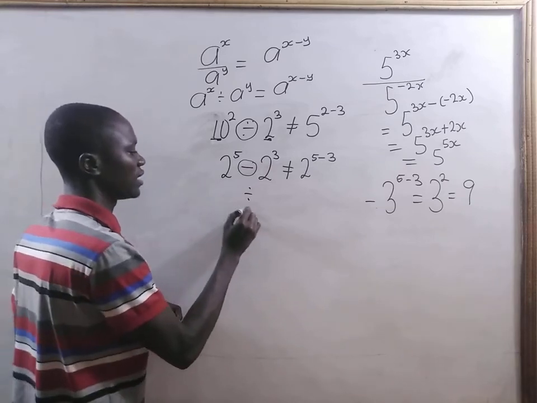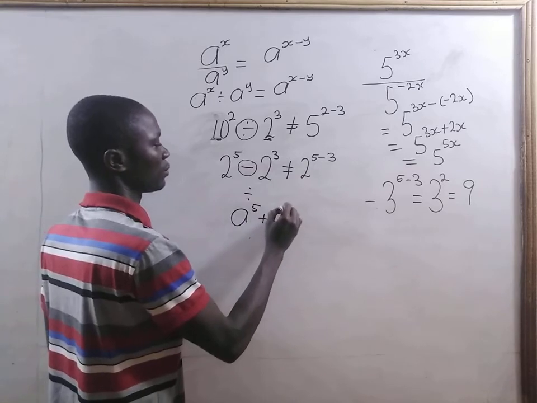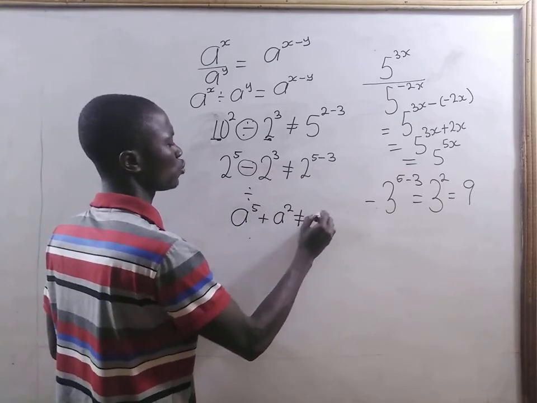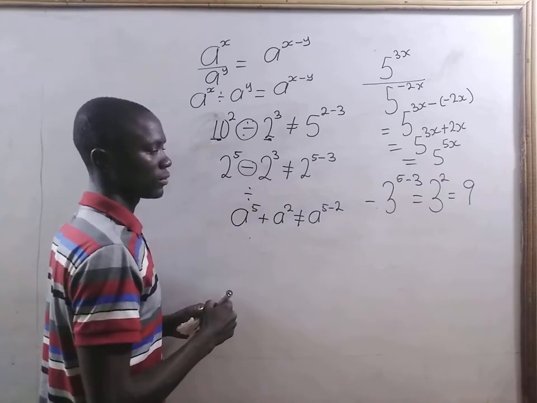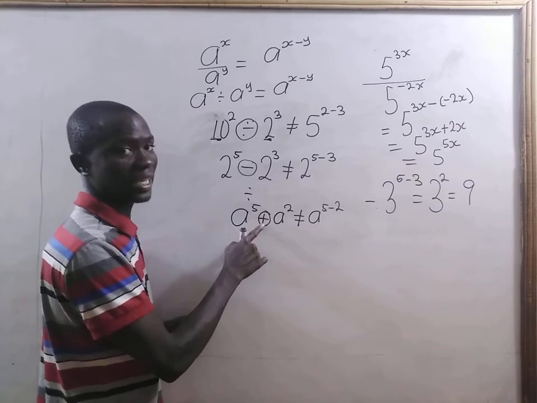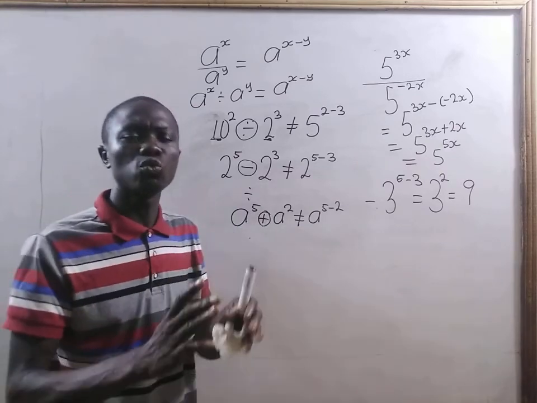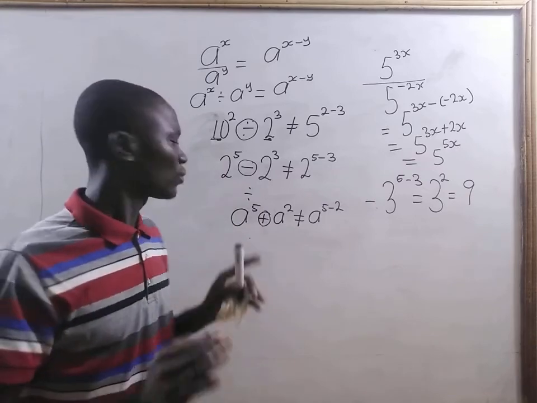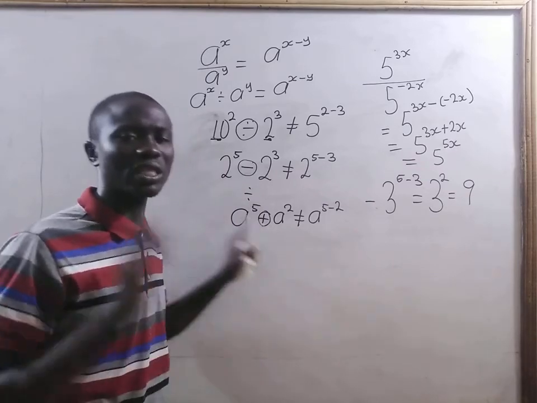And if you have, let's say, a to the power 5 plus a to the power 2, it is not equal to a to the power 5 minus 2. This is not correct. This sign is not a division sign. The law is only applicable to division sign, not addition sign, not multiplication sign, not subtraction sign.